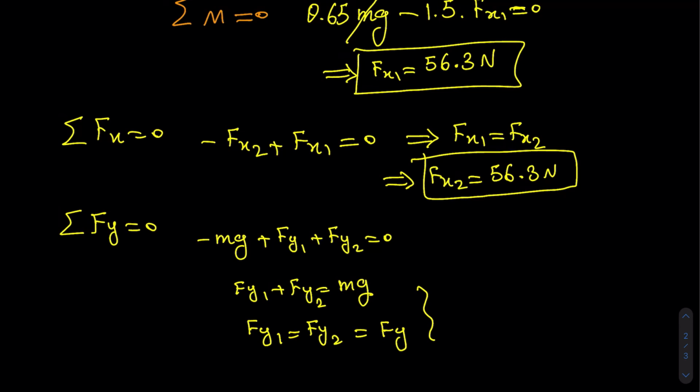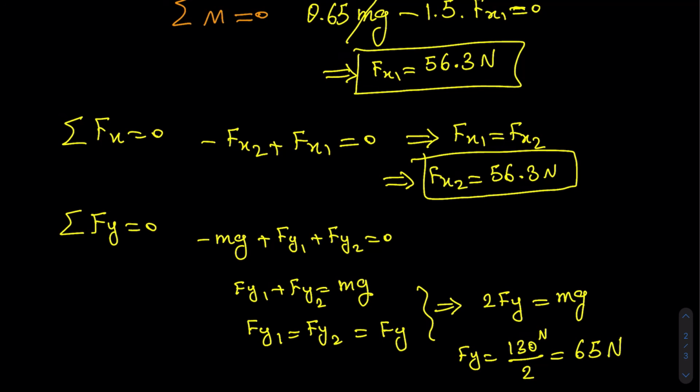Therefore 2fy is equal to mg, and we plug in the numbers into the equation. We get 113 newtons divided by 2, which is equal to 65 newtons.